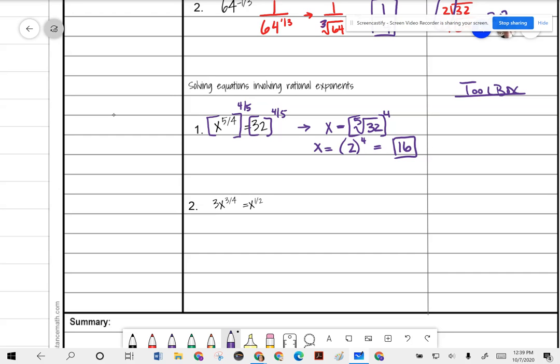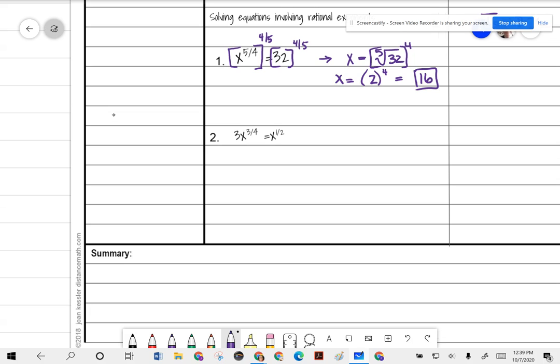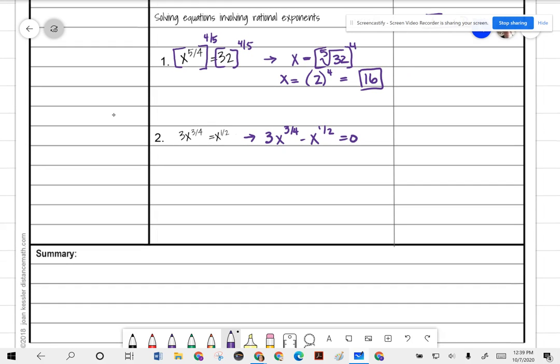All right, so now let's take a look. We have variables on both sides. So what we're going to do is rewrite this so that it is set equal to 0. We want to get our variables on one side. And so if you remember, we did some factoring of this back in section 1.5.